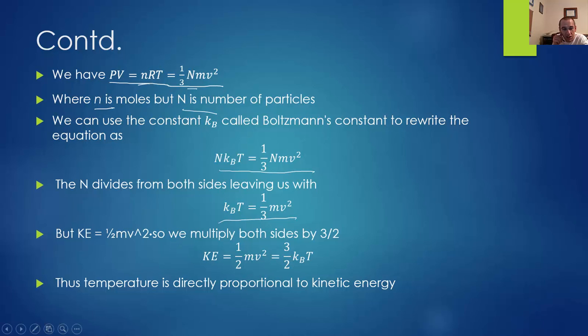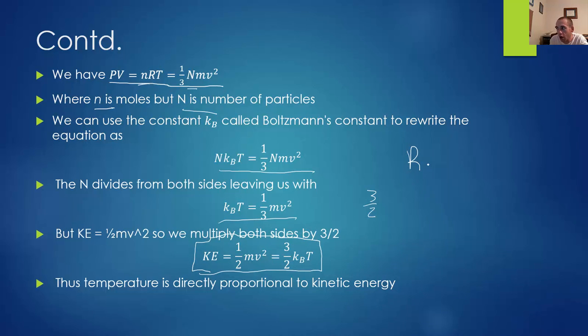Now, since kinetic energy is half mv squared, we are going to try to get half mv squared over here. To do that, we're going to multiply by 3/2. That 3/2 cancels the 3 and gets us a half. So that means half mv squared equals 3/2 Boltzmann's constant times temperature.